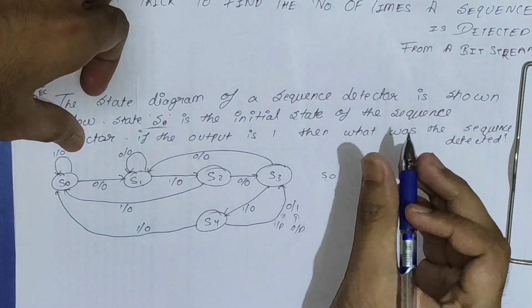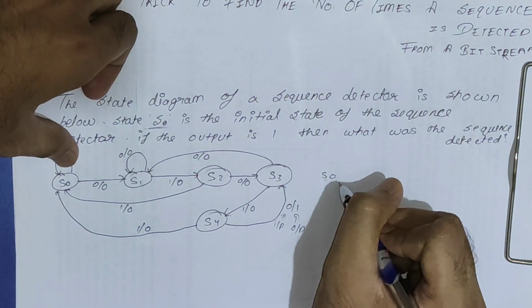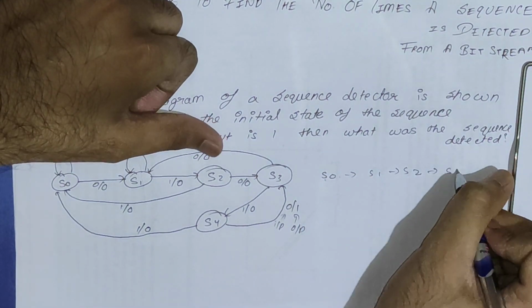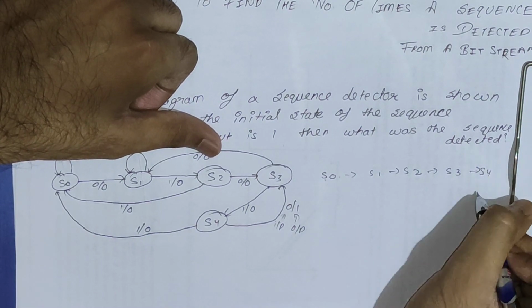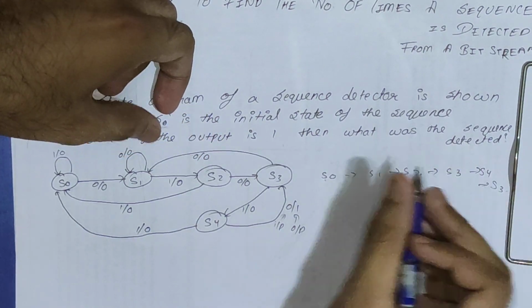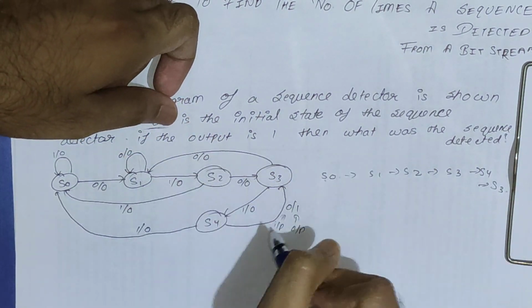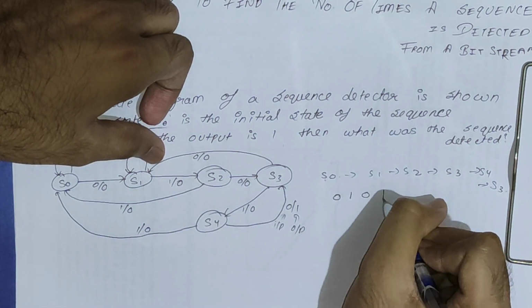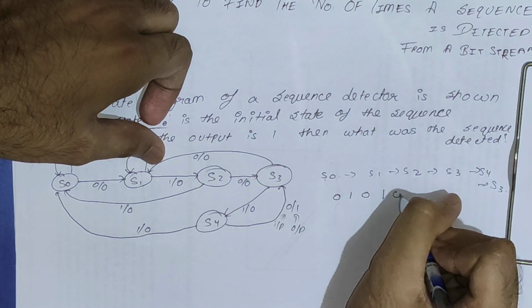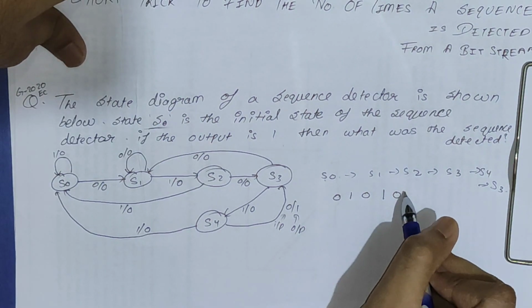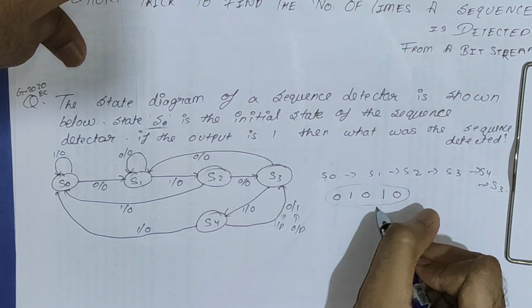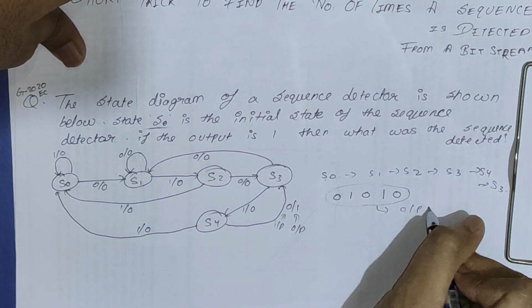Okay, so the transition will be from S0 to S1 to S2 to S3 to S4 and then again to S3. So the bits for which we get this path are 0, 1, 0, 1 and 0. Okay, so you can say that for the sequence 0, 1, 0, 1, 0, the output will be 1.